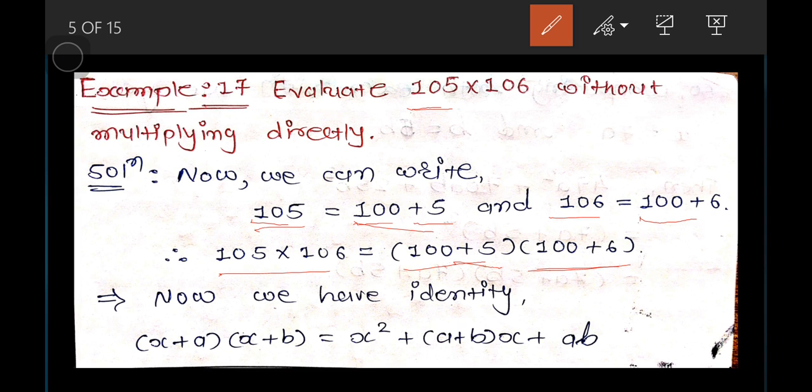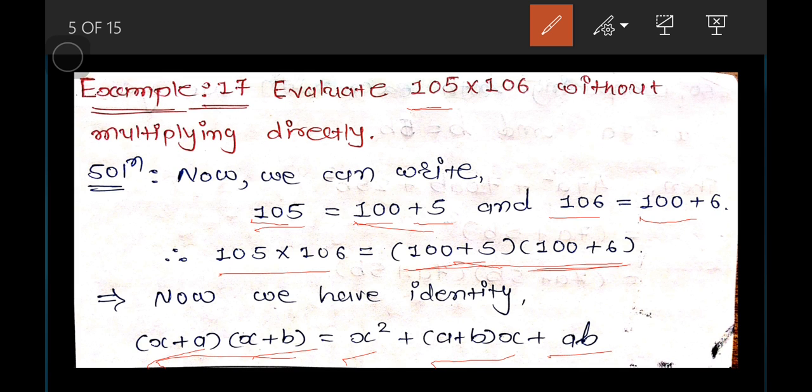Now you can see that this product is similar to one identity, as we know, x plus a into x plus b is equal to x square plus (a plus b)x plus ab. You can see that these expressions are the same.